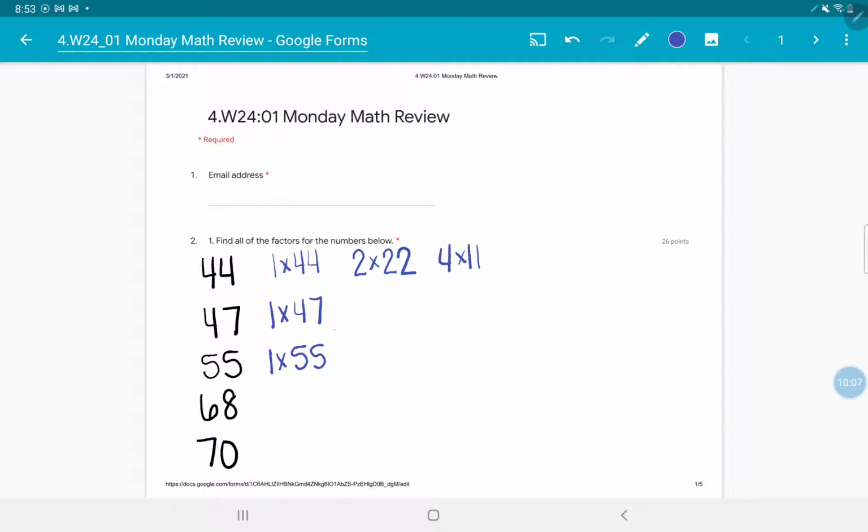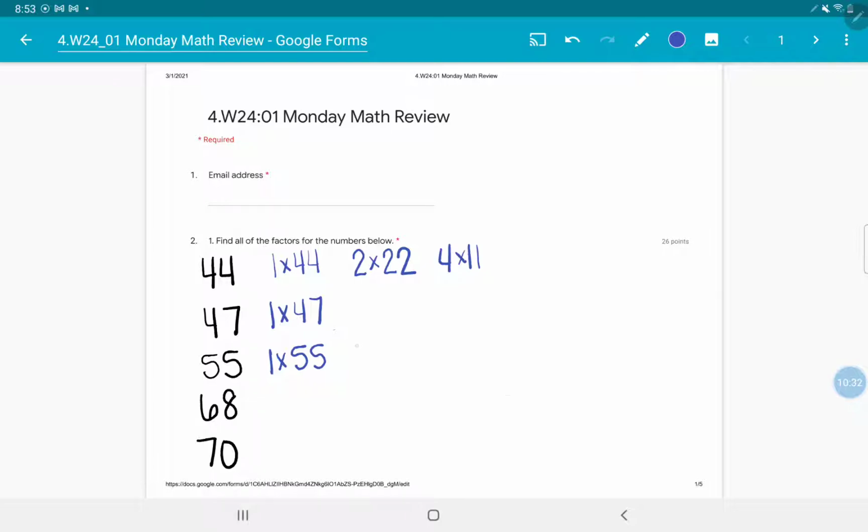So if I count backwards 3, that's going to be 57. And then if I count back 3 more from 57, that gets me 54. So that's not going to work. How about 4? No. 4 is not going to be a factor. How about 5? Yes, 5 and 11.